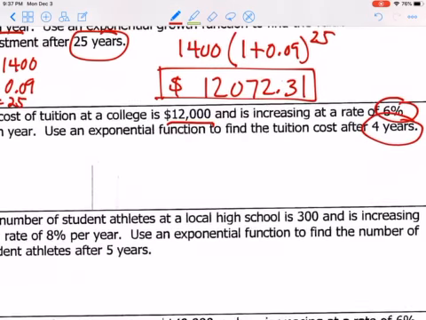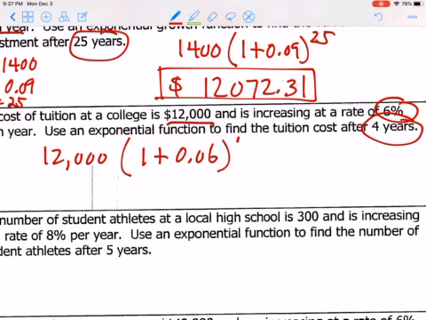So 12,000 times 1 plus 0.06 raised to the 4 years. Okay, so again, our A was 12,000, our R was 0.06, and our T was 4.